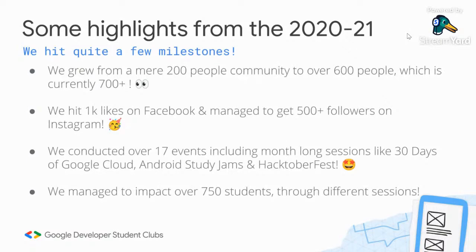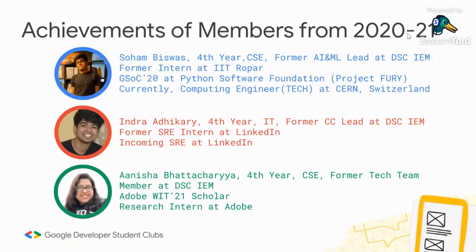We conducted over 17 events, including month long sessions like 30 Days of Google Cloud and Android Study Jams, which were powered by Google. We also conducted sessions related to Hacktoberfest, an open source session powered by DigitalOcean and Intel. We also managed to impact over 750 students over the span of 1 year through the different sessions that we conducted.